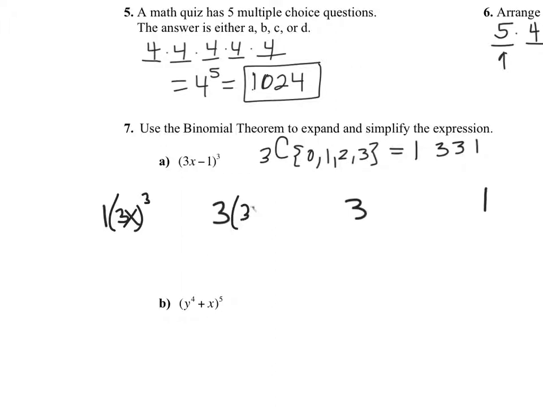Then we have 3x squared and 3x. And then 1, we're going to skip the first one, is going to be to the first power, then squared, and then 1 cubed. So I'm doing it just like normal. If it's minus in the middle, then the signs go positive, negative, positive, negative.